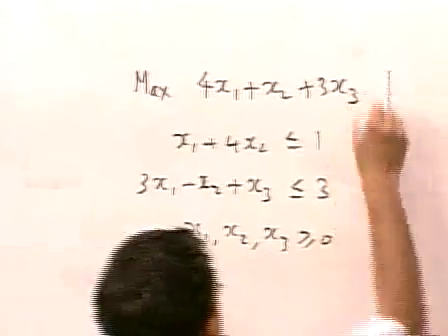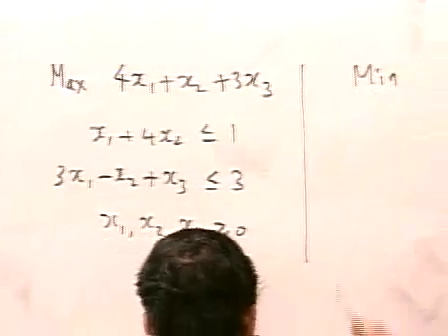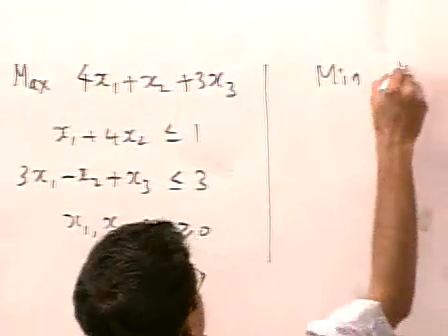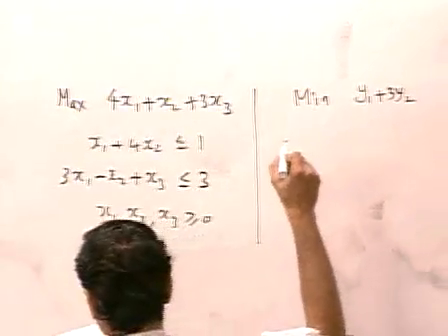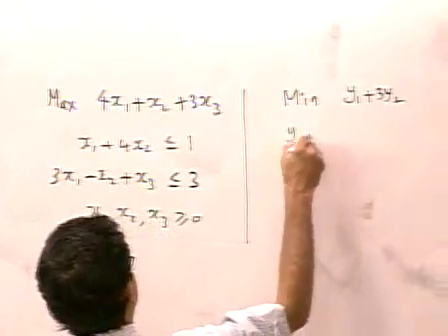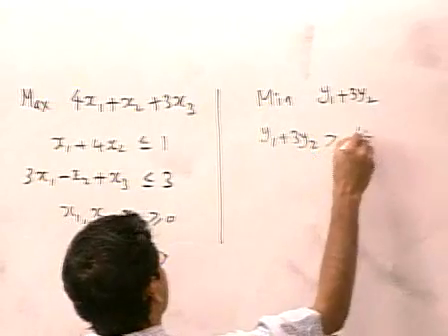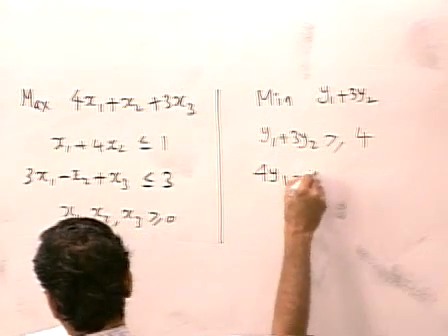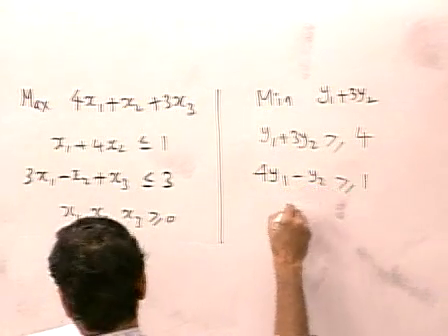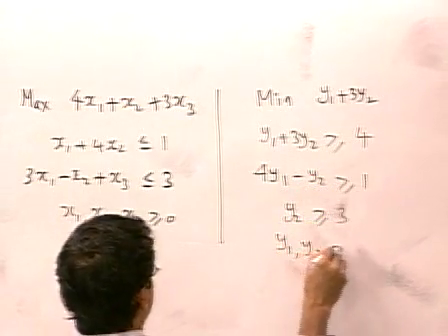And the dual for this, which we also wrote down last time, is: minimize y1 plus 3y2, subject to y1 plus 3y2 at least 4, 4y1 minus y2 at least 1, and y2 at least 3.